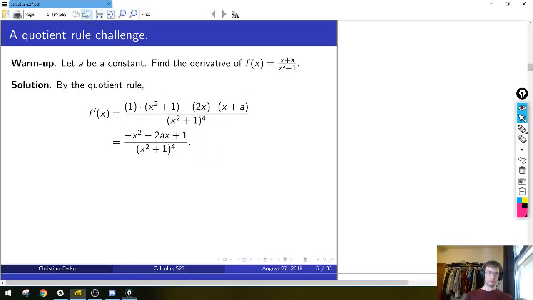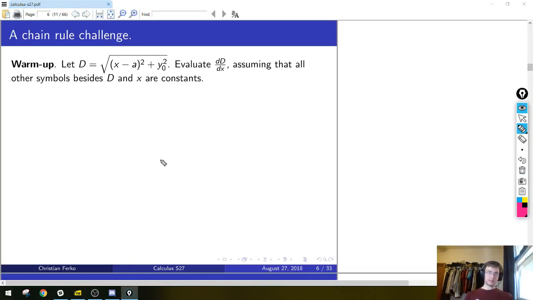All right, one more warm-up. So this will be useful when you do the daily challenge about kinematics. You can think of this capital D as the Pythagorean theorem giving you the distance between 2 points, right? This is just the distance formula. So this gives you the distance between the points, say, x0 and a y0, right?